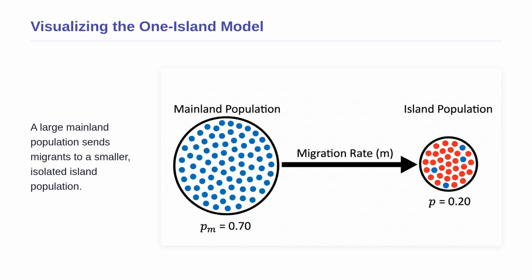The thick arrow represents the migration rate, m, showing the one-way flow of individuals. On the right is the smaller island population, initially dominated by red dots with a low blue allele frequency of 0.20. You can clearly see how the influx of mainland migrants will rapidly shift the genetic makeup of the smaller island.